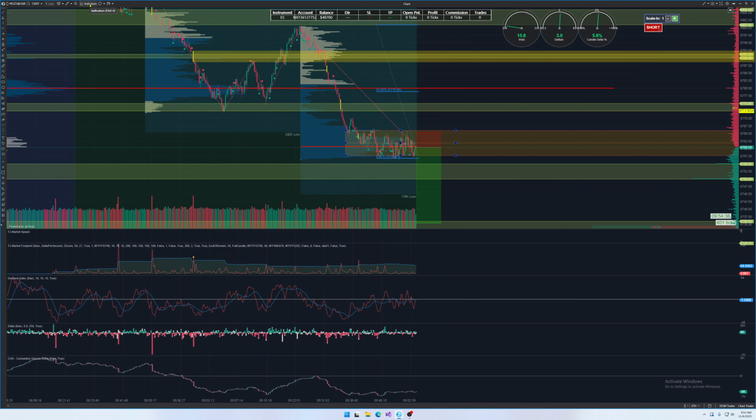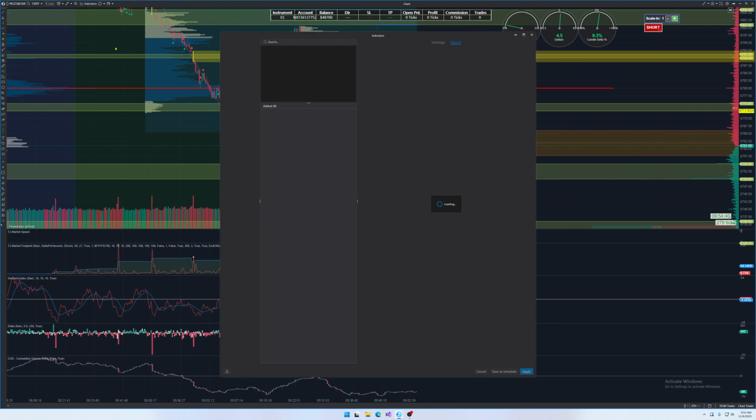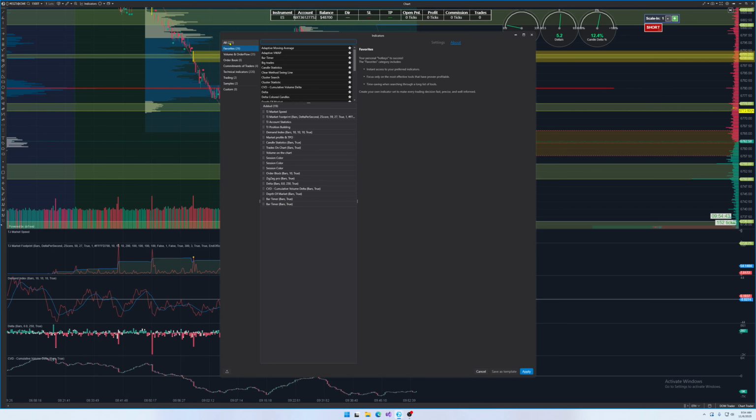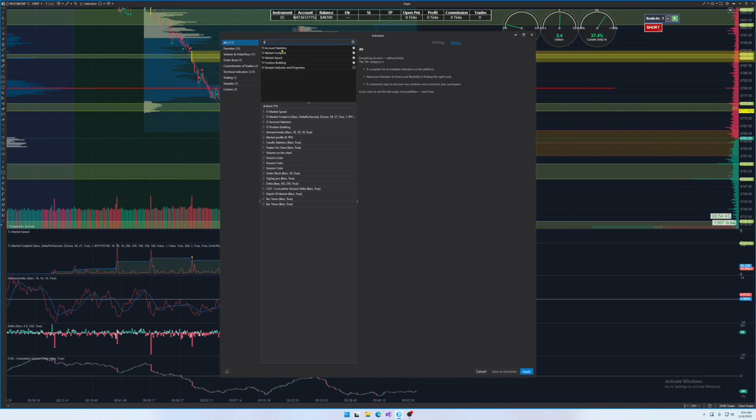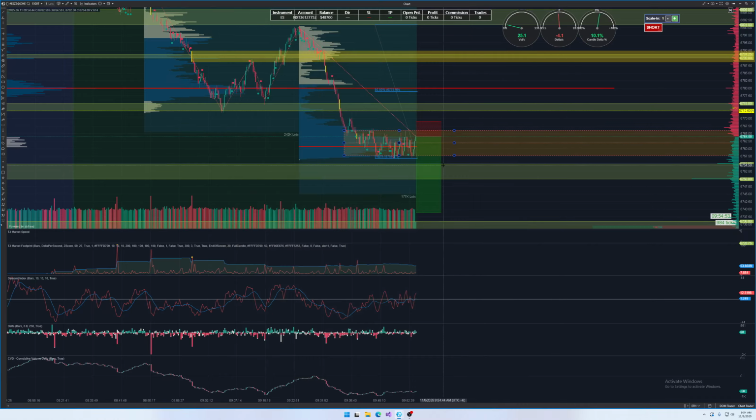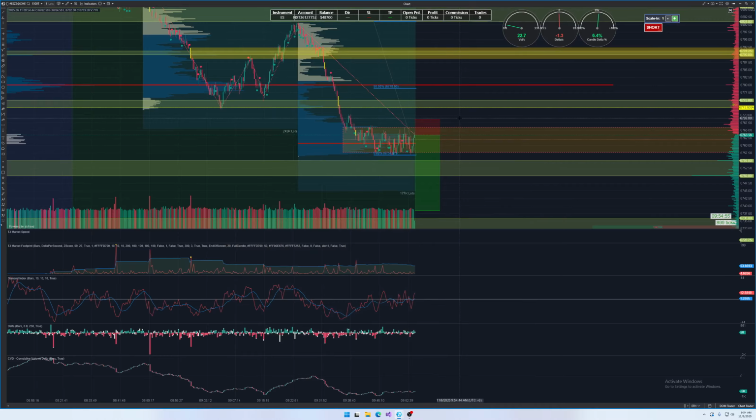So let's see. Probably requires a restart. Now, the market goes up again and quite straight. So does the market hit the upper part?